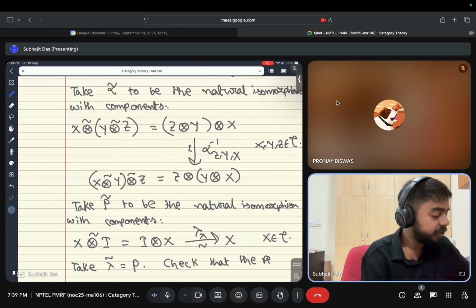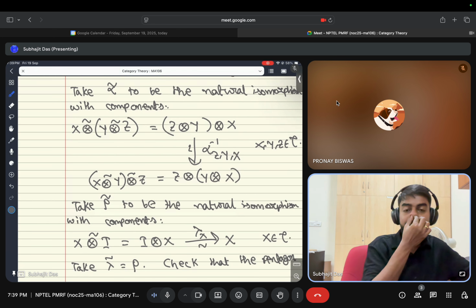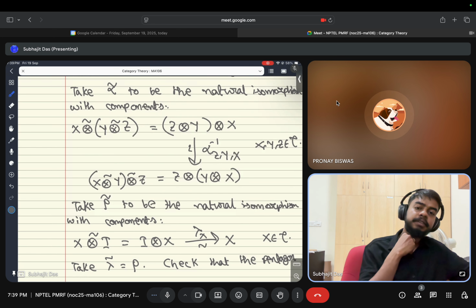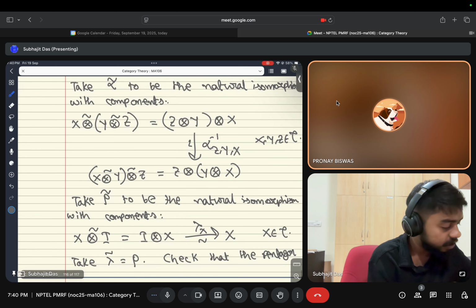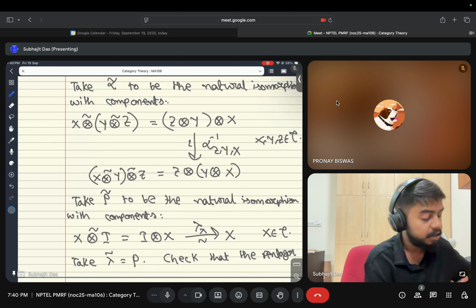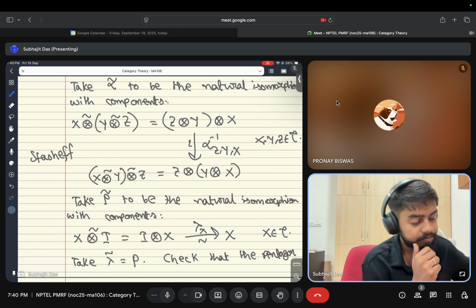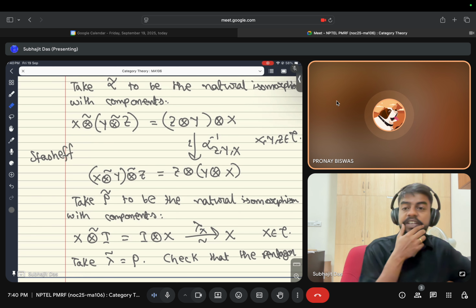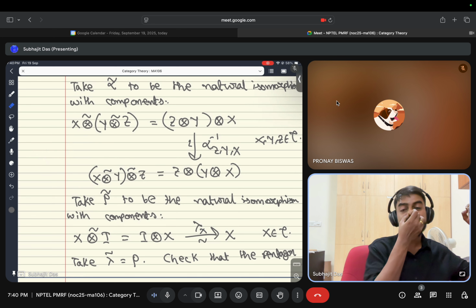the pentagon axiom. This pentagon axiom name came from Stasheff, who was a topologist, actually an operad theorist. There are things called A infinity algebras, or rather E1 algebras, which are given by operads.